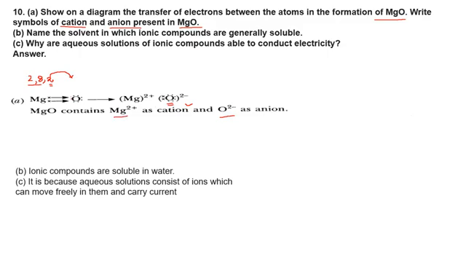Because there is a give and take reaction, one metal is giving electrons and the other non-metal is gaining electrons, so ionic bond is formed. So what about the aqueous solution of ionic compounds? Definitely it will carry current.